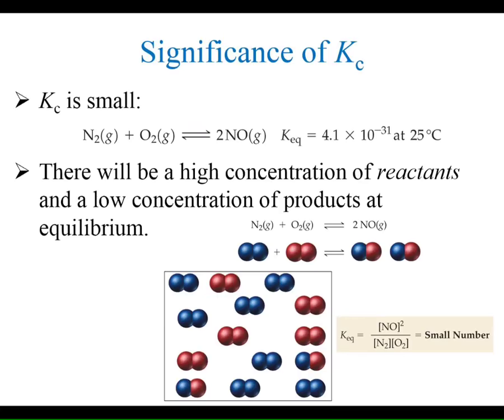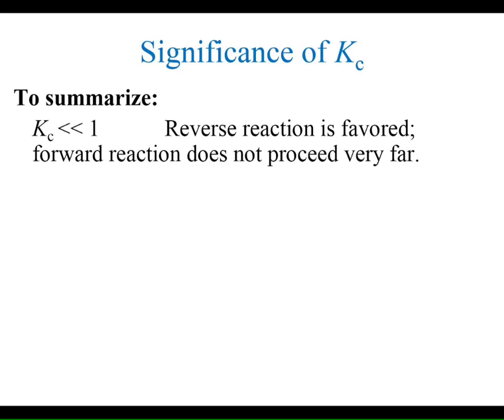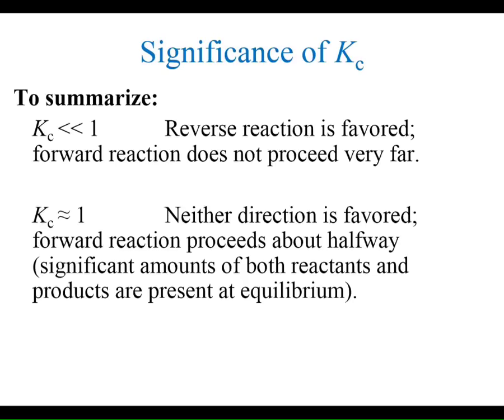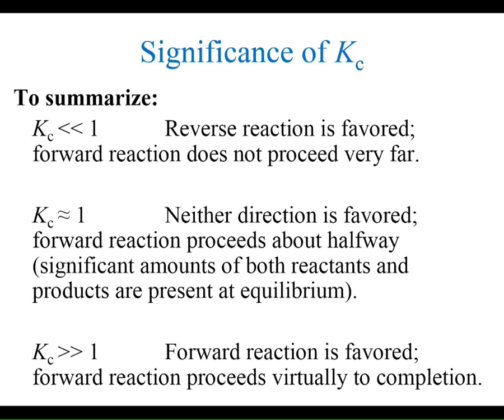So if K is much less than 1, a small number, it's mostly reactants and we're favoring the reverse reaction. If K is about 1, it's kind of equally split between the two. We're not really favoring products or reactants. And if K is big, the forward reaction is favored, mostly products. Make sense?